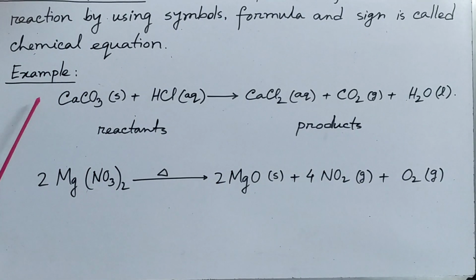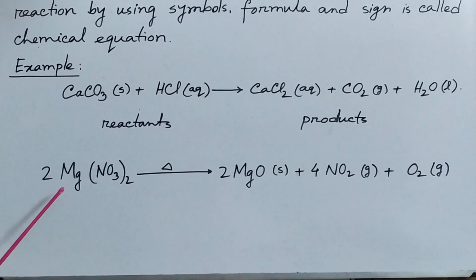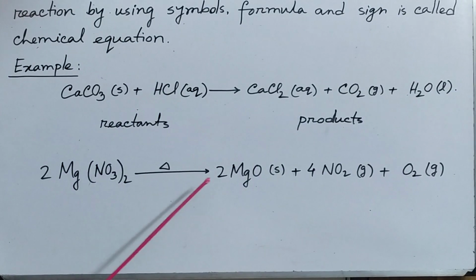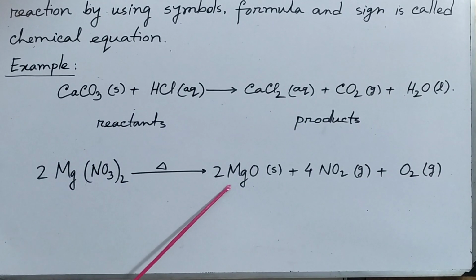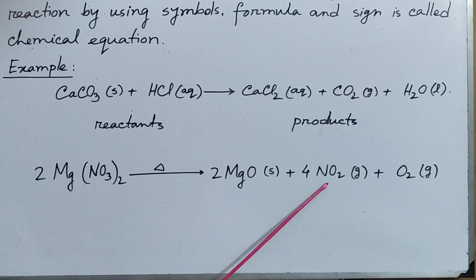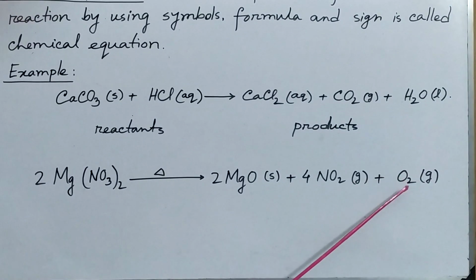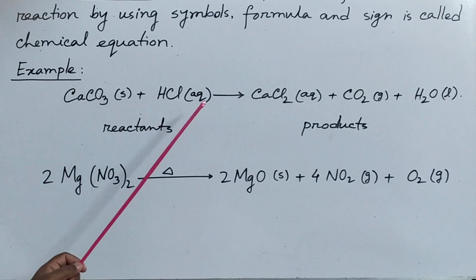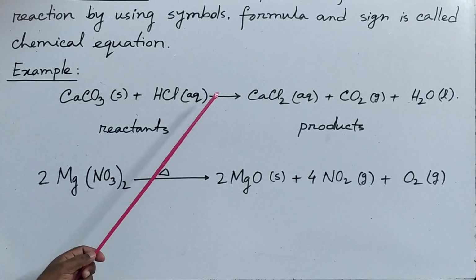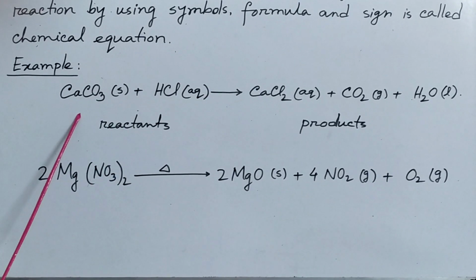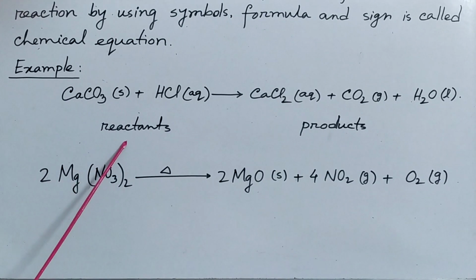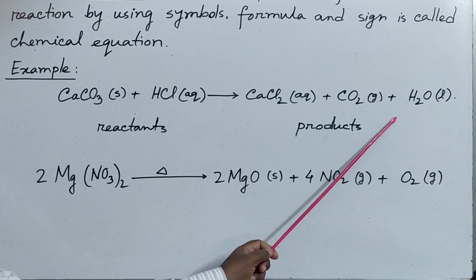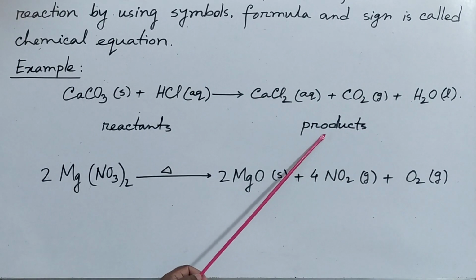So now I have written another one. If magnesium nitrate is heated, then it produces magnesium oxide, nitrogen dioxide and oxygen. So in the reaction, the left side, these are reactants, and the right side, these are products.